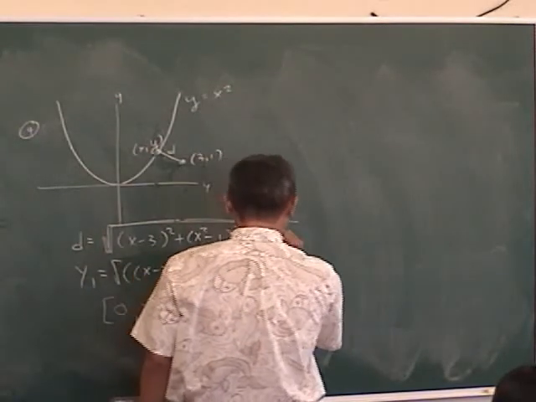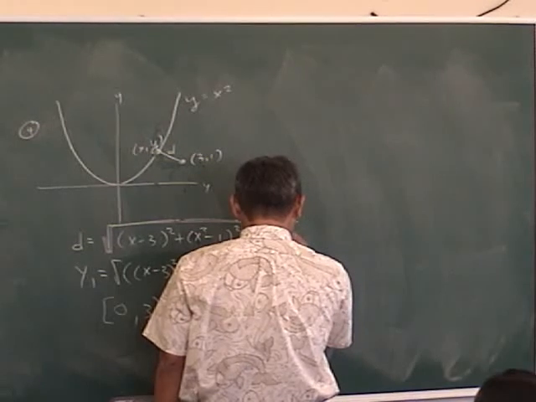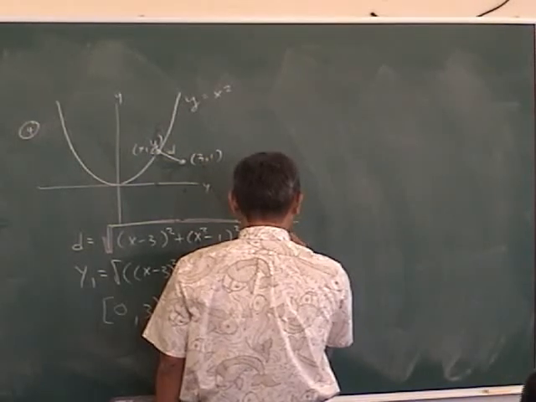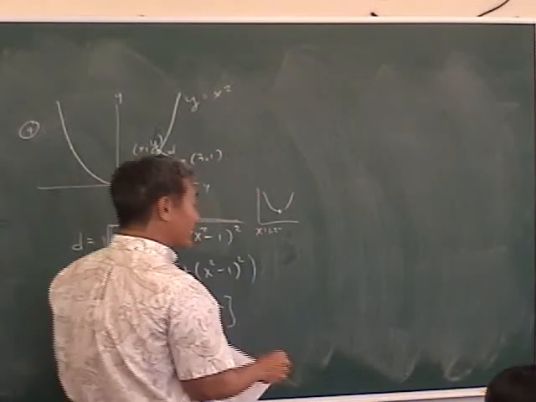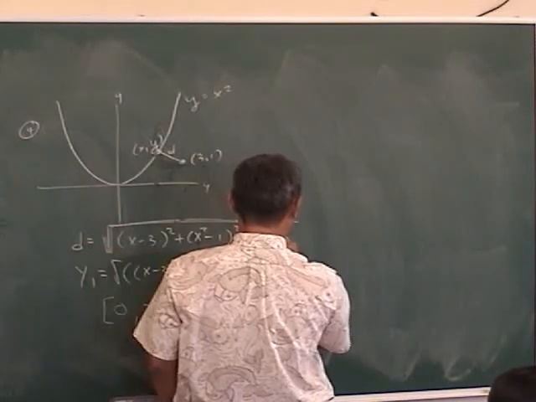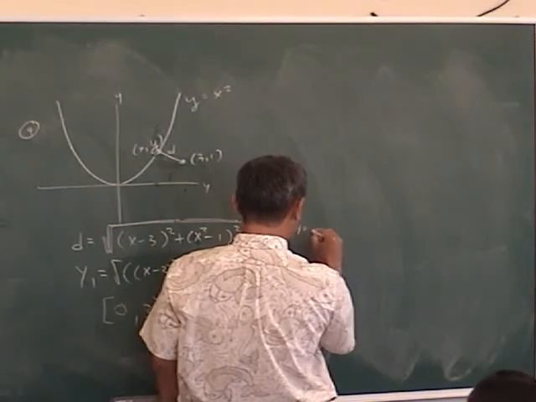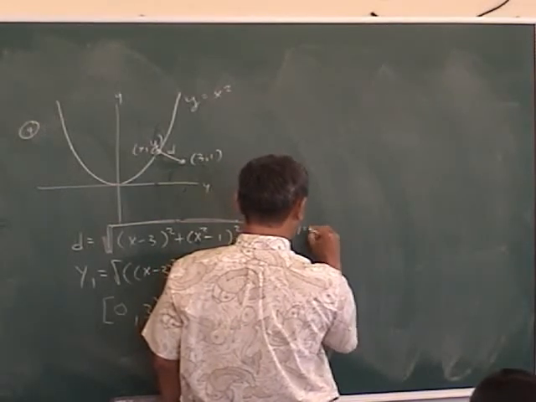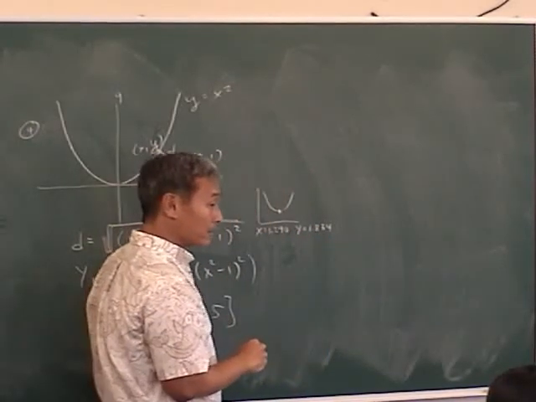X equals 1.2896. I thought I trained you already. In this class, everything is 3 decimal places. So x equals 1.290 and y equals 1.834.